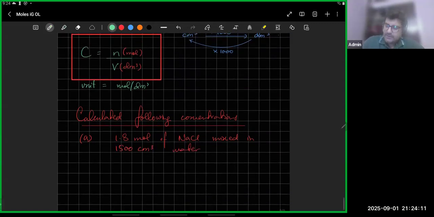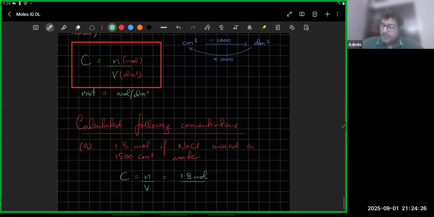So how do I calculate concentration? Concentration is moles over volume, right? So it's 1.8 moles divided by the volume. The volume must be in dm cube. So how do you convert cm cube to dm cube? Divided by 1000. So it's going to be 1.5.